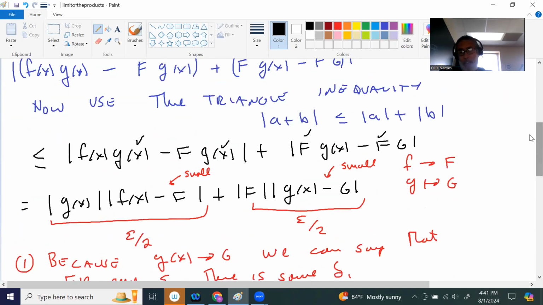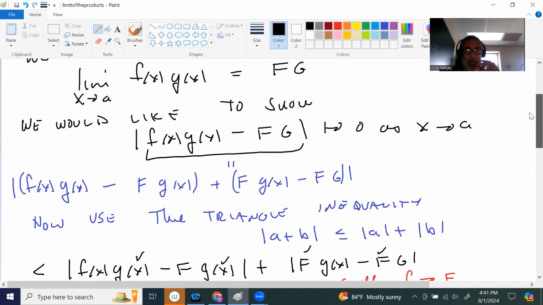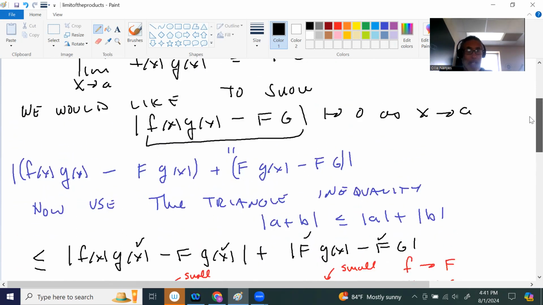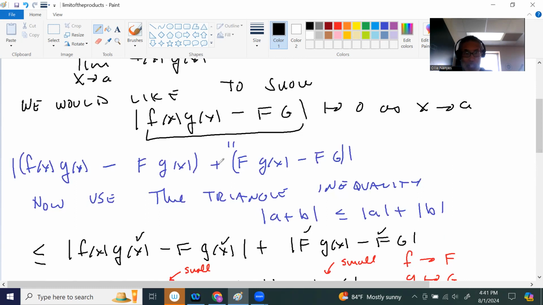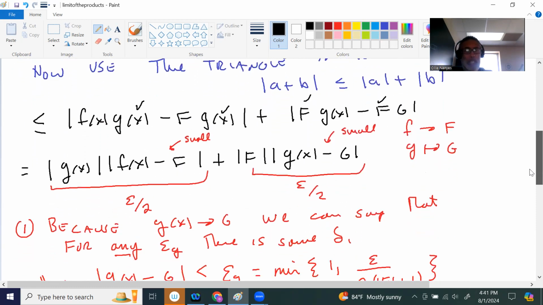So I hope what you got out of this is the fact that the triangle inequality is important. And the key step was going from here to there. And then once we added and subtracted the same thing and divided out, it was our mission to find a proper epsilon to use with this part that would cancel the size of G. And this is once you want this to cancel the size of F when you do that.